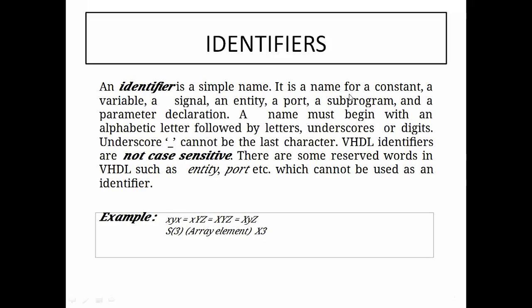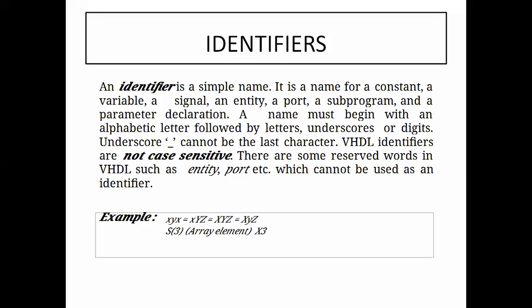Then the next type of operand is identifiers. Now this identifier is a simple name, right? You can say it is a simple name, and it's a name for a constant, that may be for a variable, or that may be for an entity, port, subprogram and parameter declaration. म्हणजे हा आयडेंटिफायर ऑपरंड्स तुम्ही कुठे कुठे वापरू शकता. सो बेसिकली इट कॅन बी अ कॉन्स्टंट, you can use it to define a constant, right?